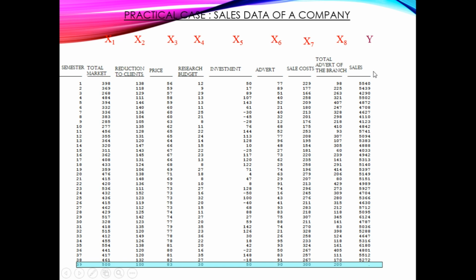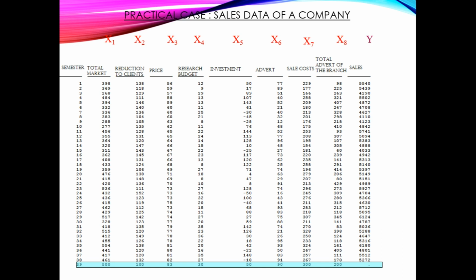Maybe you are a senior executive manager and you are going to explain to a senior manager what causes the fluctuation of sales, what can lead to the increase or a decrease of sales of your company.